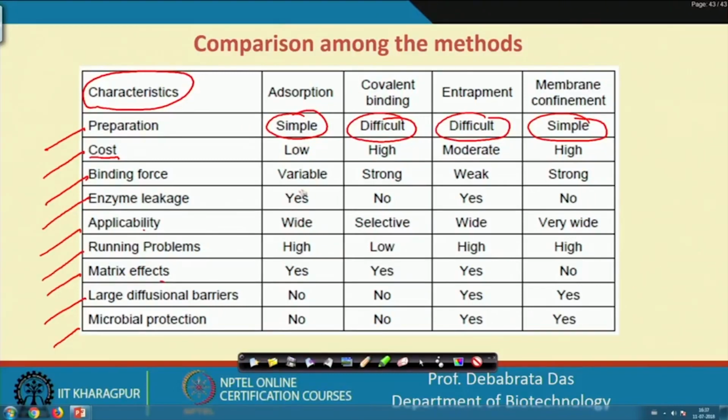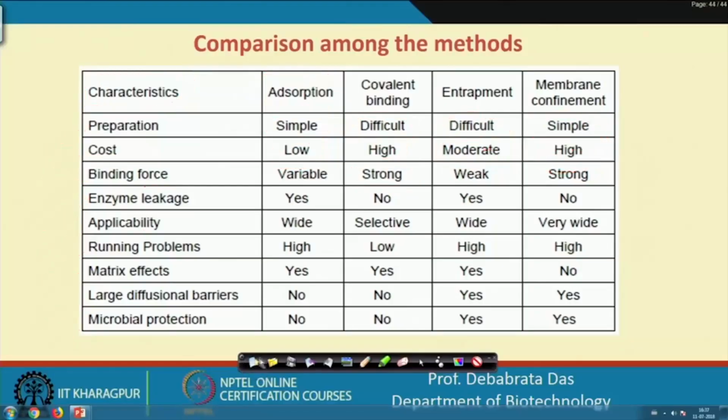Now, in cost, adsorption is low cost, covalent binding is high cost, entrapment is moderate cost, and membrane confinement is high cost. So if we want low cost, then obviously our choice will be adsorption. So this is the binding force. If we want strong binding force, then we will go for covalent binding. So depending on your requirement, you have to select which immobilization technique you should use.